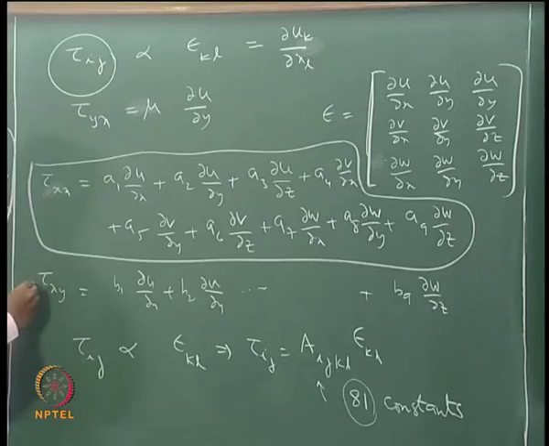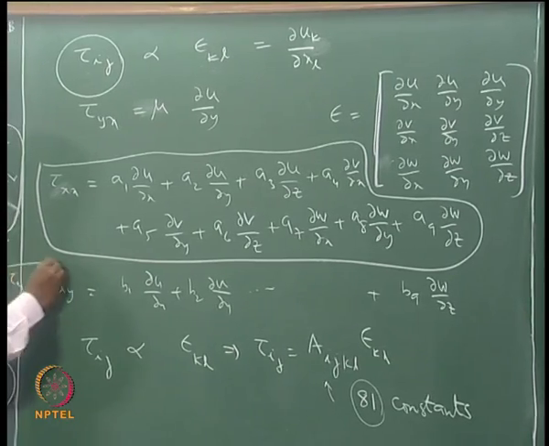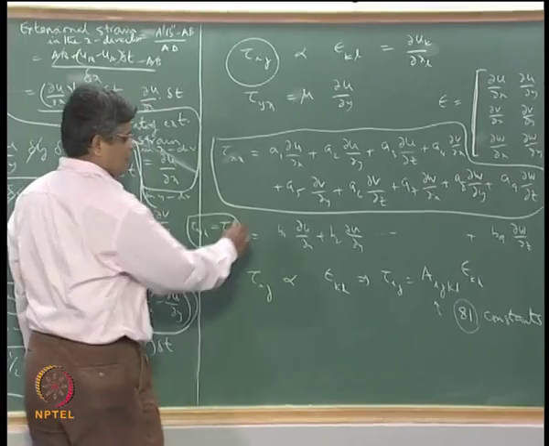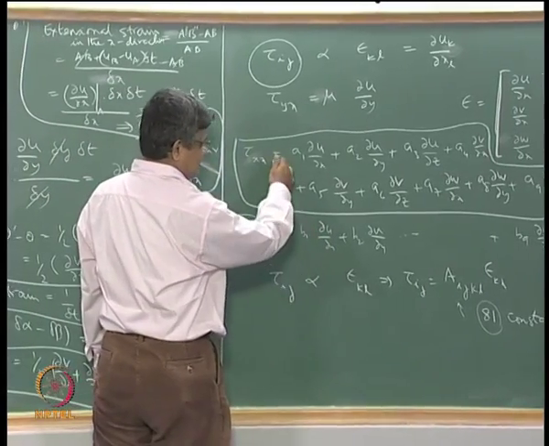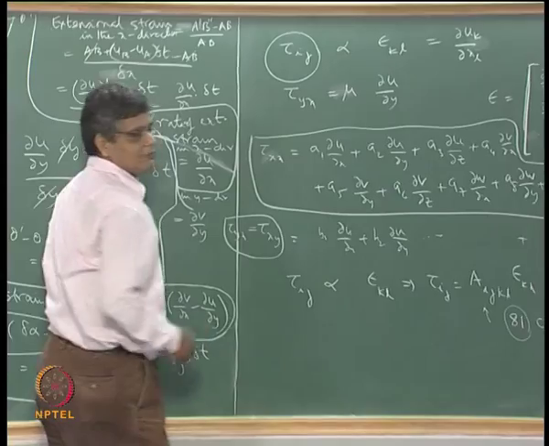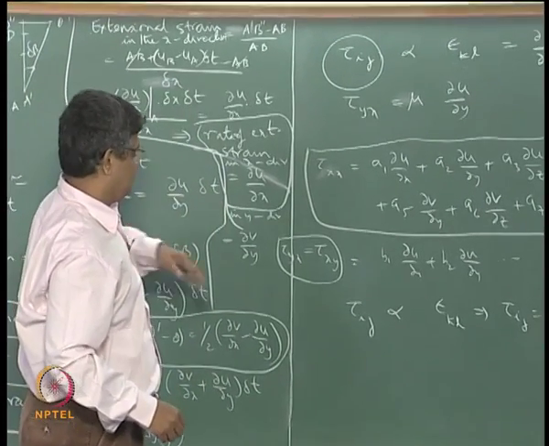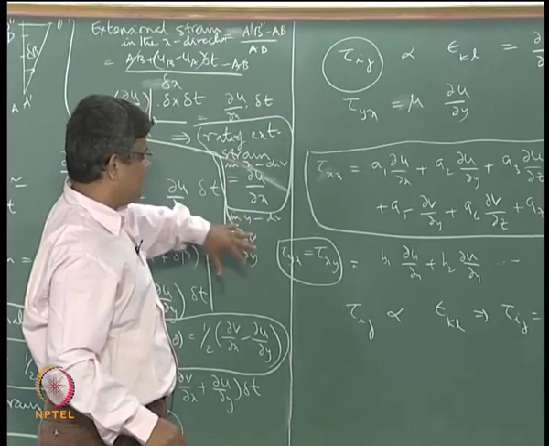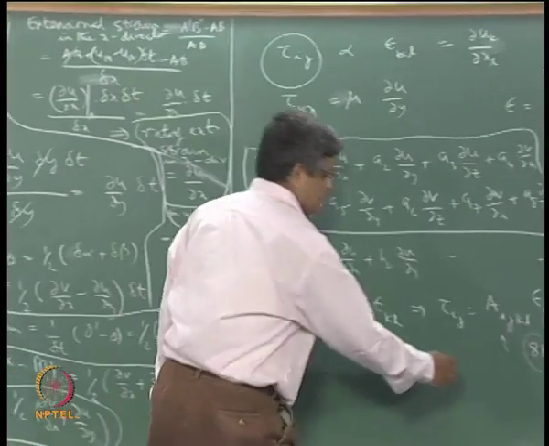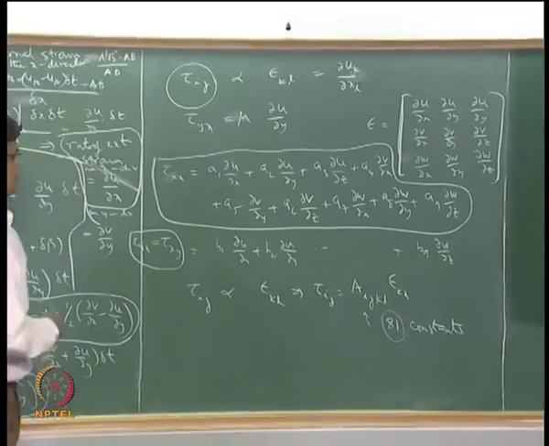So this tau xy is actually also equal to tau yx. So instead of having 9 equations like this, we will have only 6 equations. So that reduces the number of equations here. Instead of 81 constants, we should be having a fewer number of constants.